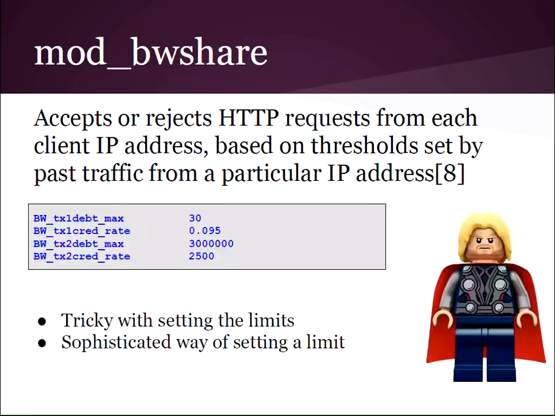It will let you have this spontaneous traffic coming in, but if it sustains, it's going to kill it. So it's less straightforward, but more useful for real web apps.